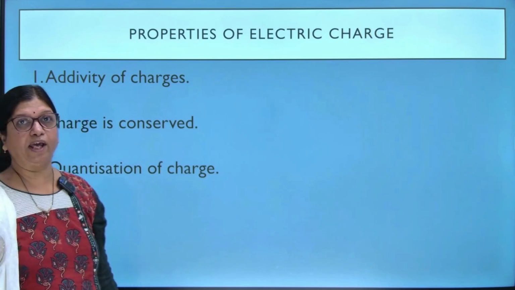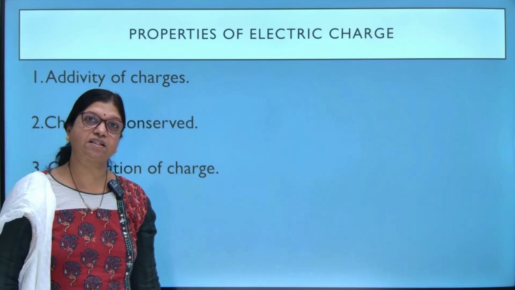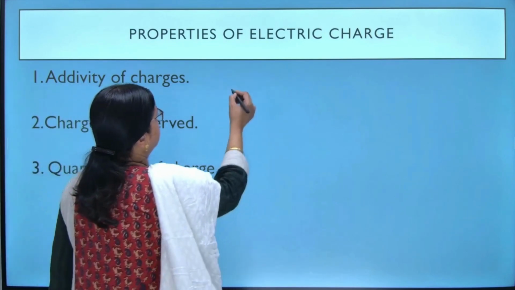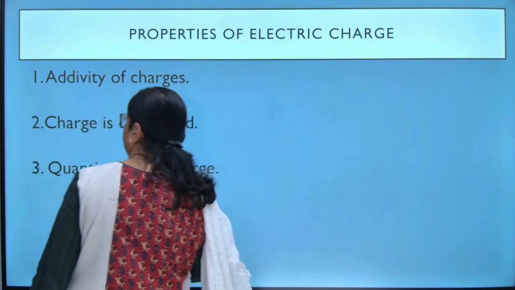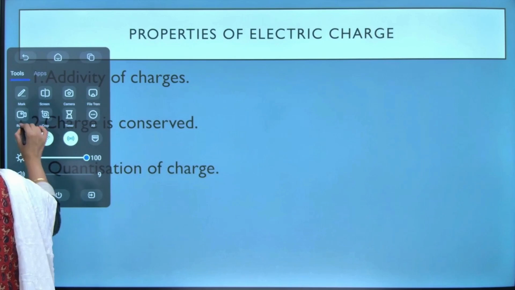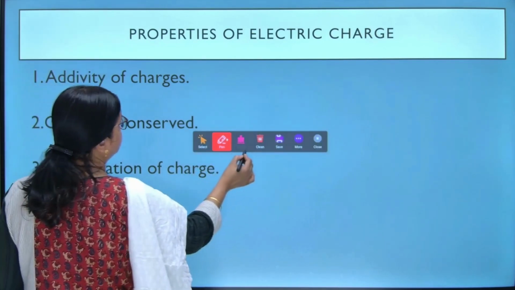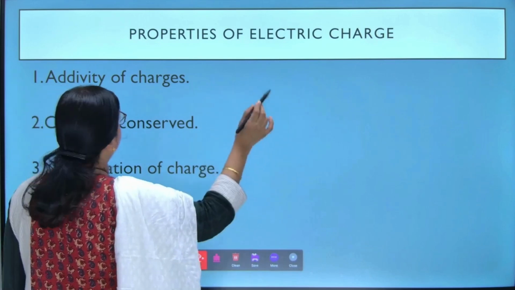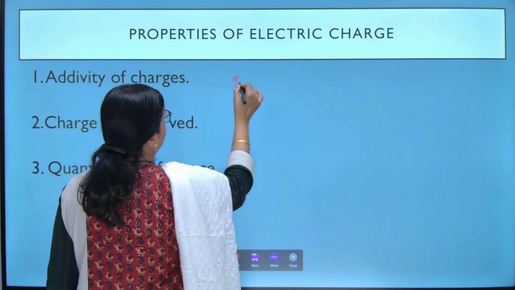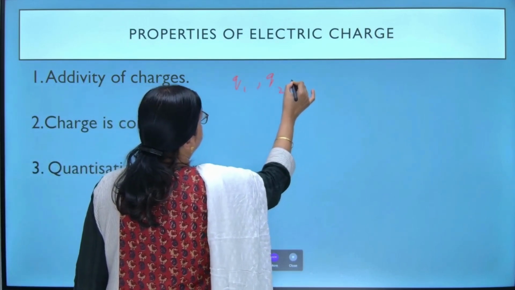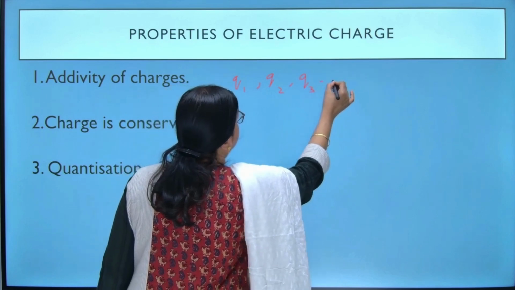Property number 1, additive property of charges. Suppose I have deposited the charges Q1, Q2, Q3, up to Qn.